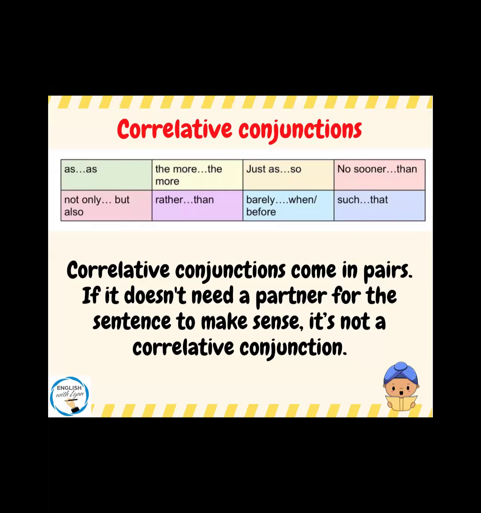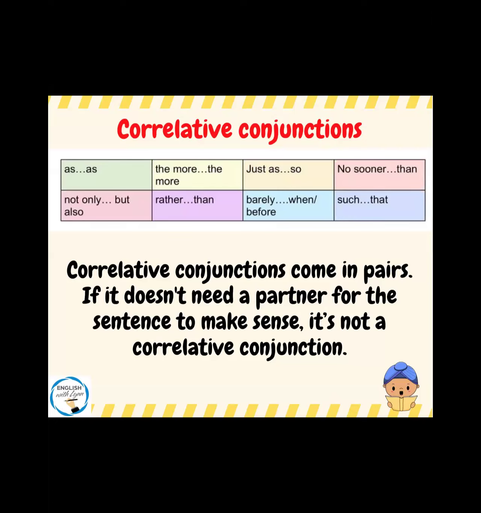Now, correlative conjunctions are kind of a bit like socks, really. They come in pairs. And when you look at a sentence, if one part of the conjunction doesn't need its partner for it to make complete sense, it isn't being used as a correlative conjunction.